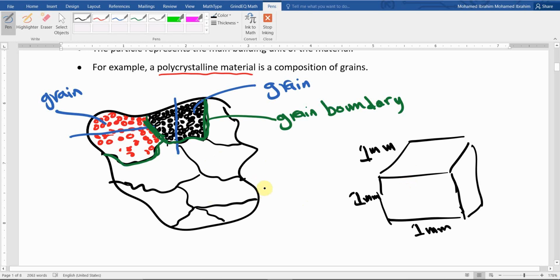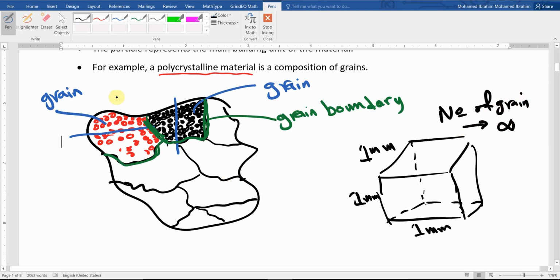It is so many. So it is fine to assume that we have a polycrystalline material with an infinite number of grains. The number of grains is huge; it goes to infinity.